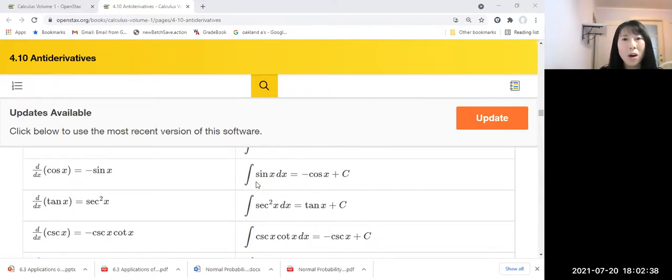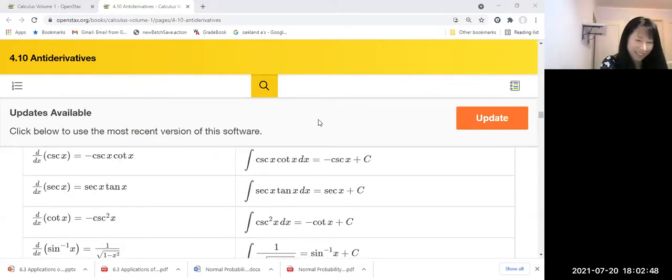Then with the antiderivative of sin x, look, they don't have a negative sign here, right? So we don't have a negative sign in the integration here. Can you see that? Which part we are doing?